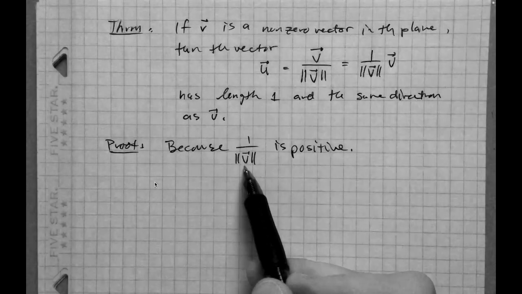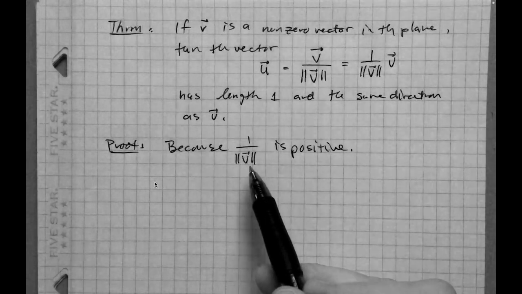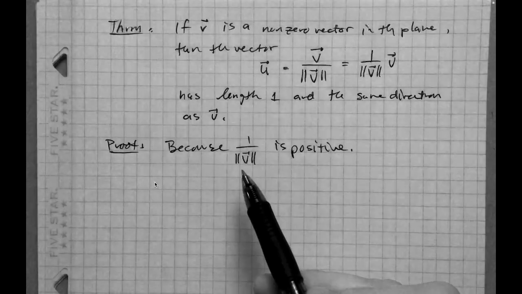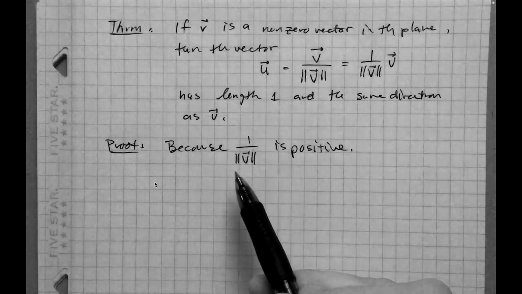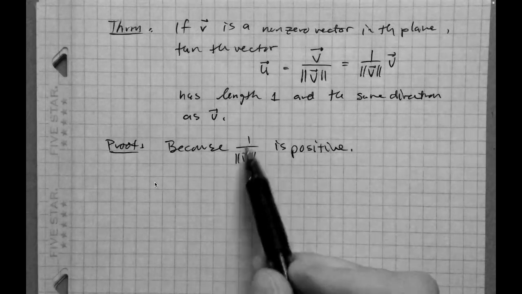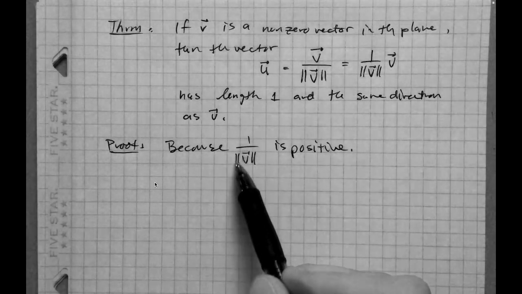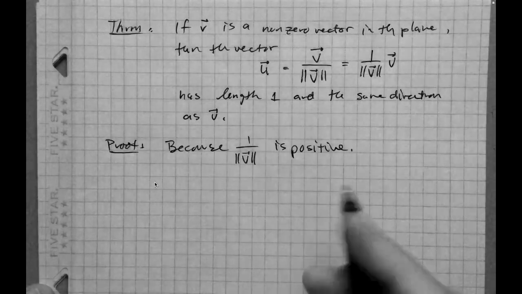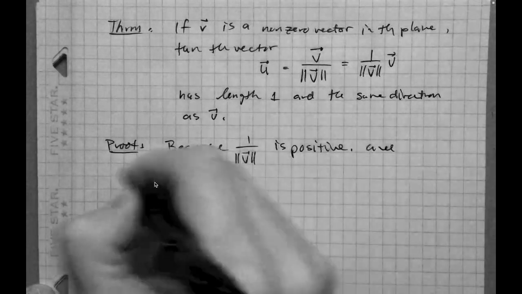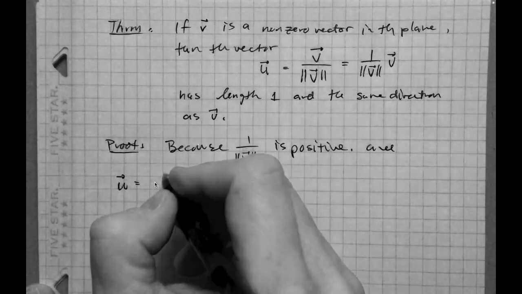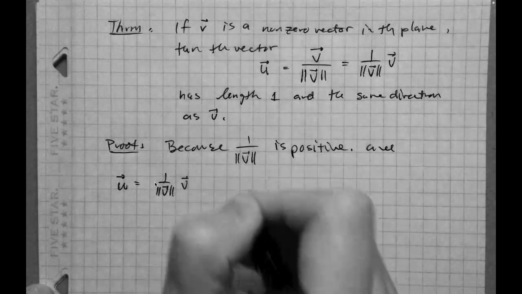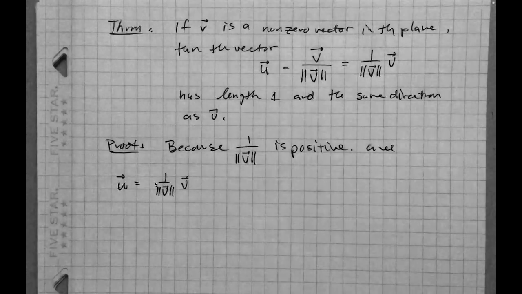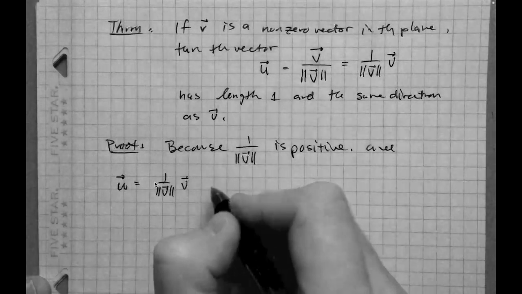Remember, that's the length, and in the case of vectors, we want to think of length as being positive. And because 1 over the norm of v is positive, and u is equal to 1 over the norm of v times the vector v, it's going to be clear that u has the same direction as v.